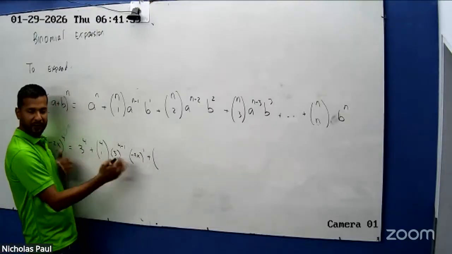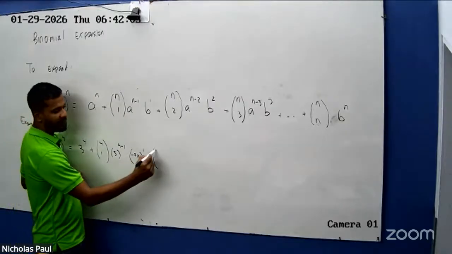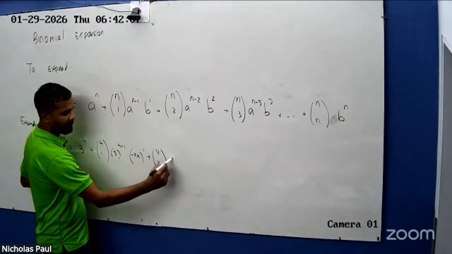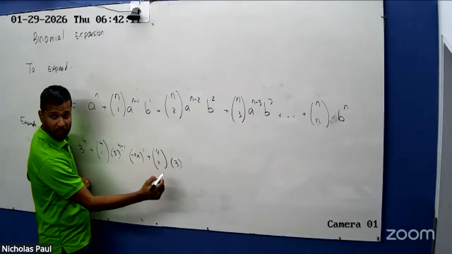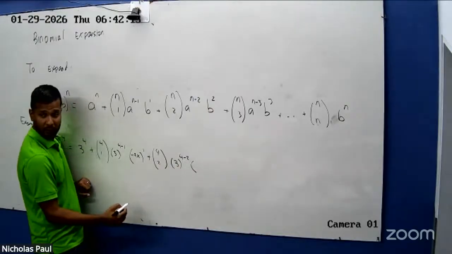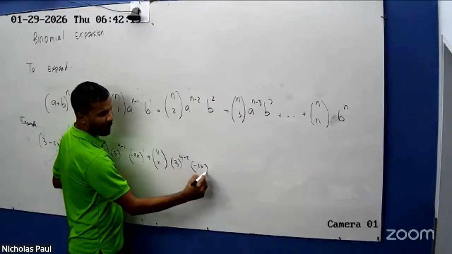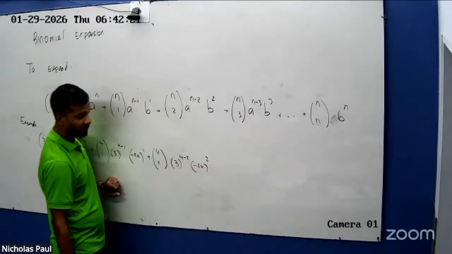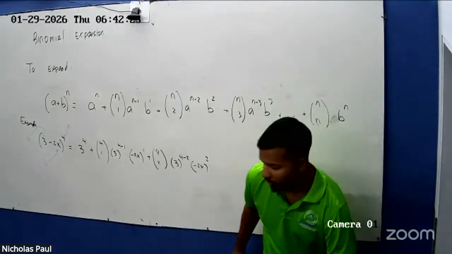The same thing that we did in the demo. What would it be? 4C2 by 3 to the power of 4 minus 2, by B, which is minus 2x squared. What's the next term? Joshua, what's the next term?